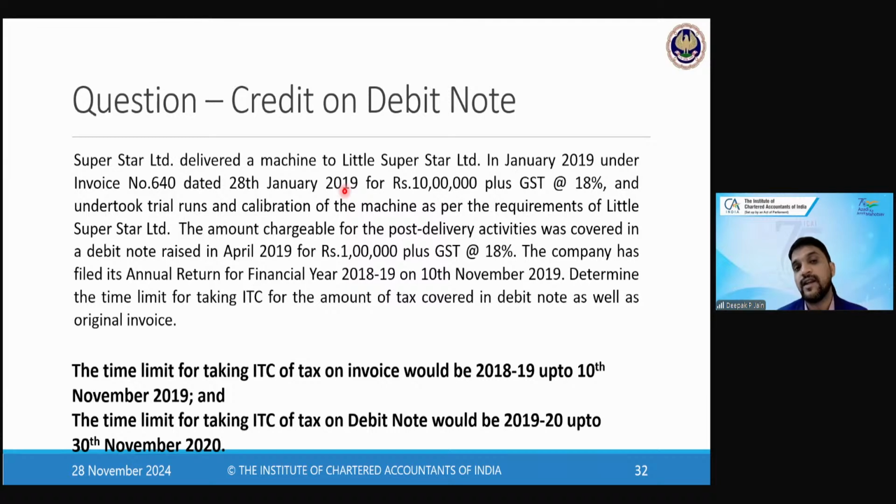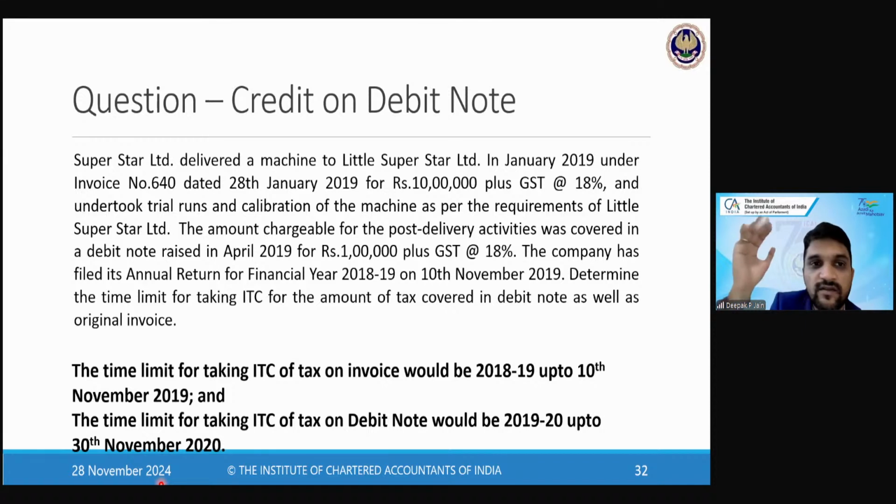But now that has been relaxed, and now it is saying that debit note and invoice will be seen independently. To claim the credit on the debit note, you will see the date of the debit note and not the date of the original invoice on the basis of which you are doing the debit note now. So you have to see the date of the debit note independent of the date of the invoice. That is what this provision is saying.